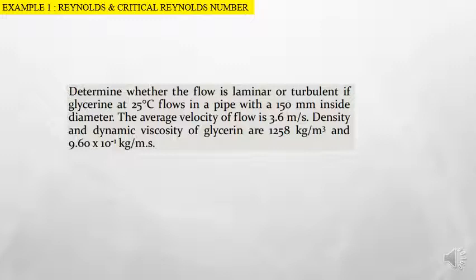First of all, we have to extract the information from the question. The question wants to know whether it is laminar or turbulent flow. So how? We have to calculate the Reynolds number, then from here we will know whether it is laminar or turbulent flow.